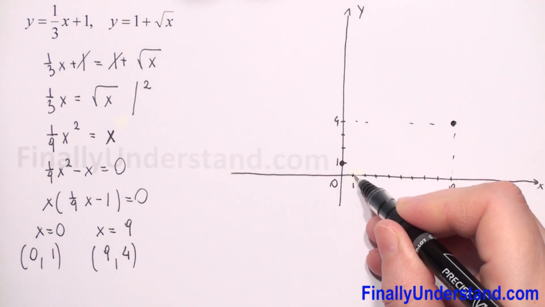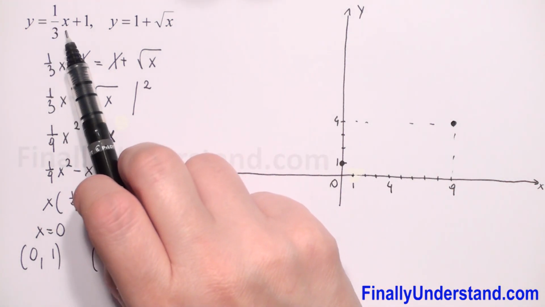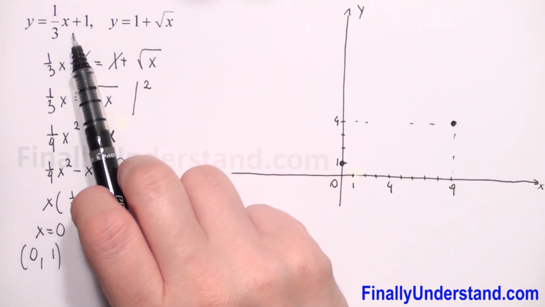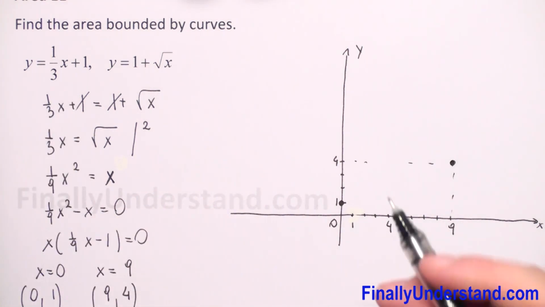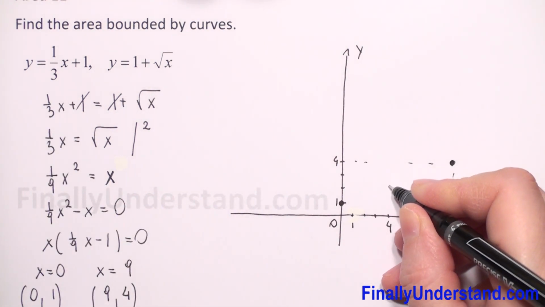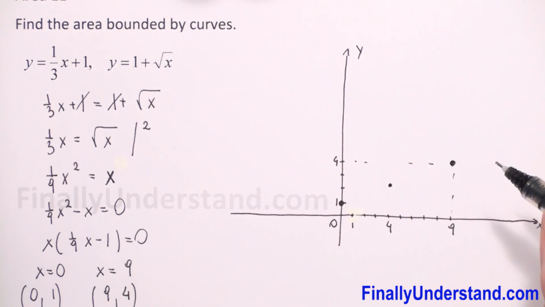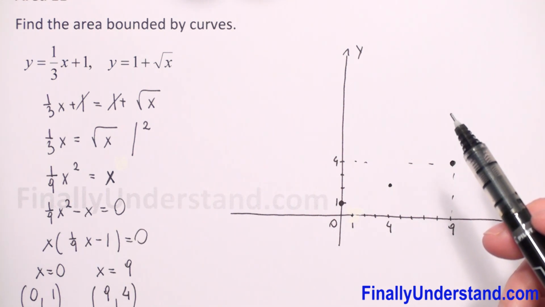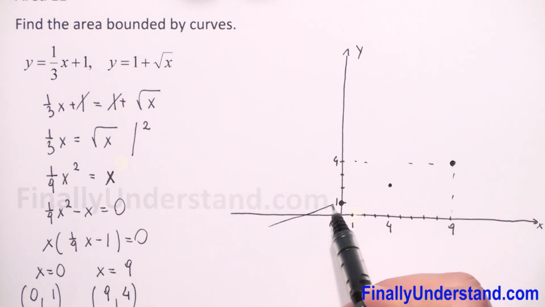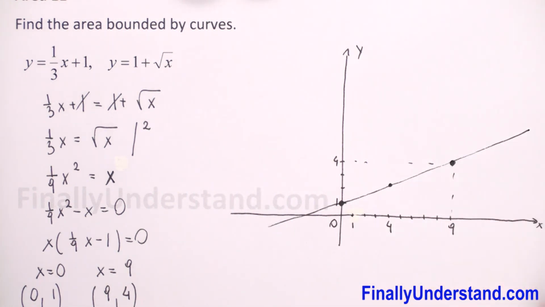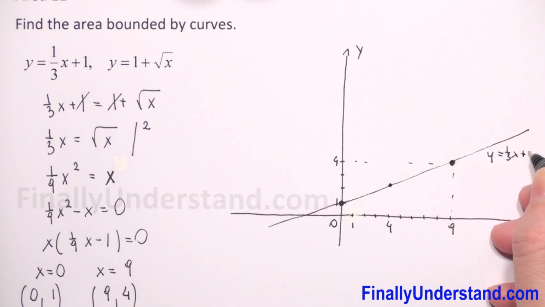For 4 we will have 1/3 times 4, which is 4/3, plus 1, so it is 2 and 1/3. This is approximately here because here we have 2. And now we can draw our straight line. This is y equals 1/3 x plus 1.